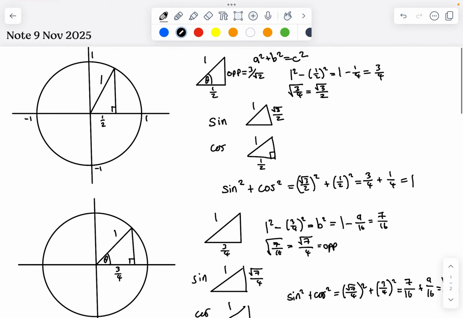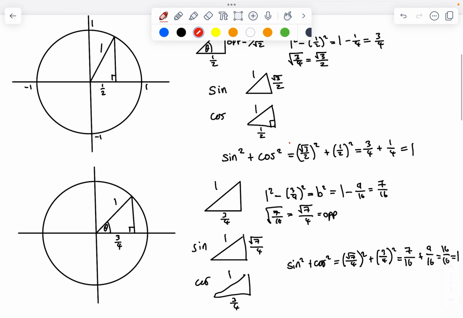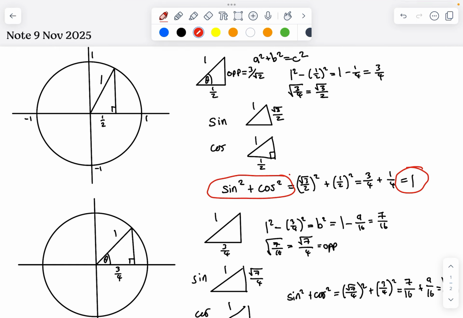So this identity, that sine squared plus cosine squared equals 1, we will use again and again through the course.